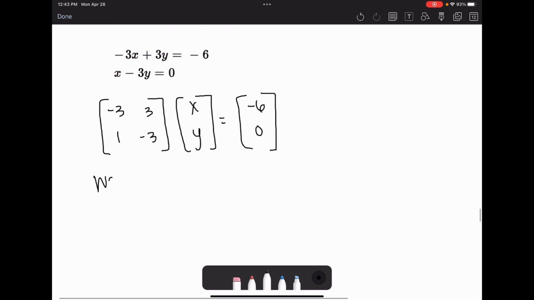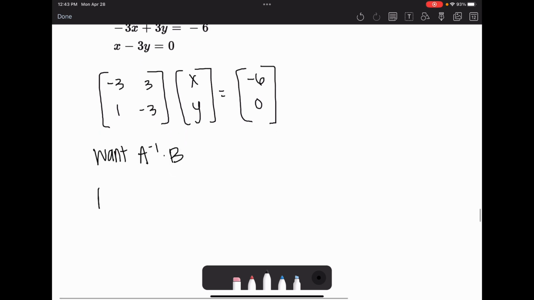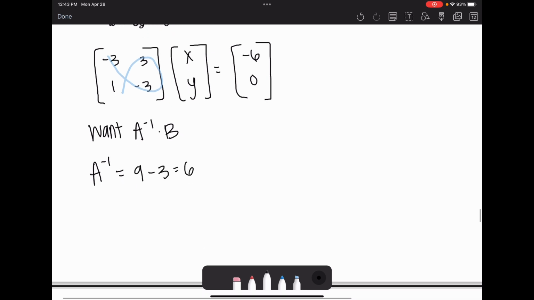So we want A inverse times B. So for A inverse, we're going to do the little loop-de-loop. That would be 9 minus 3, which is 6. Oops, sorry, that's the determinant.